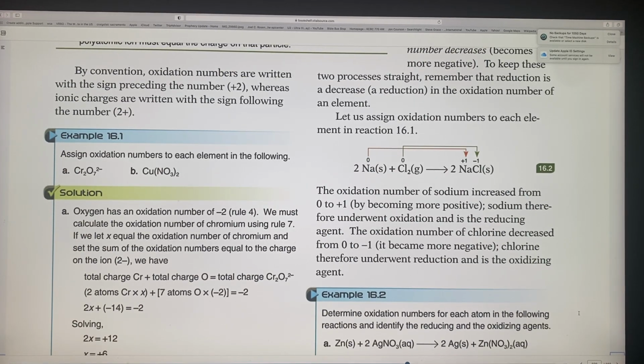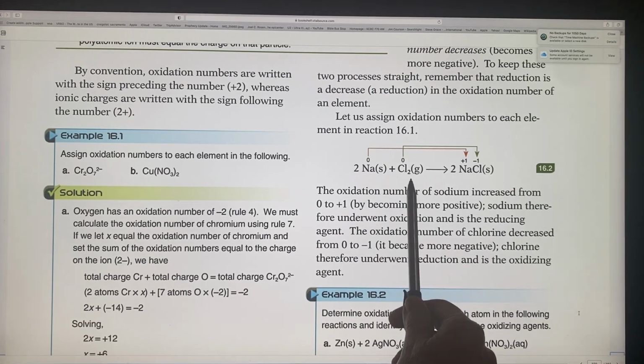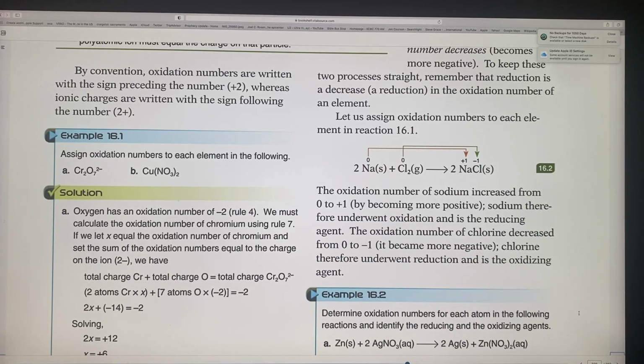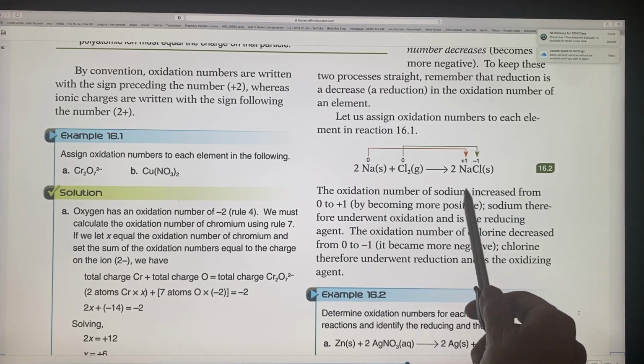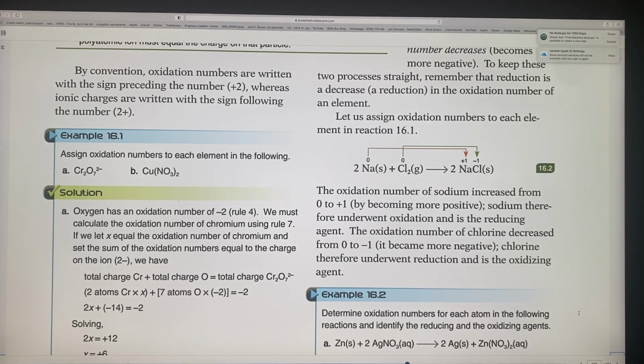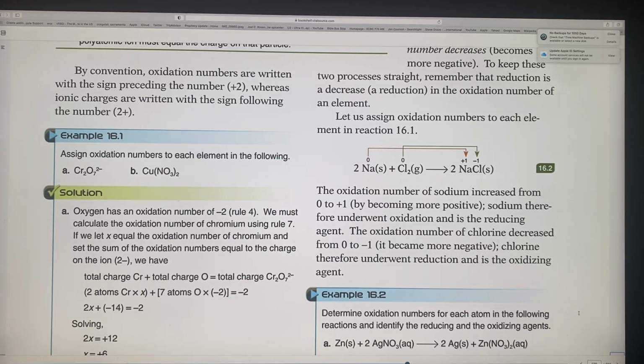So the oxidation number of sodium is increased from 0 to +1. And this one is changing from 0 to -1. So it's reducing. See how this is getting less and this is getting more, but they're staying equal in the combination. So the oxidation number of chlorine decreased from 0 to -1 and therefore underwent reduction.